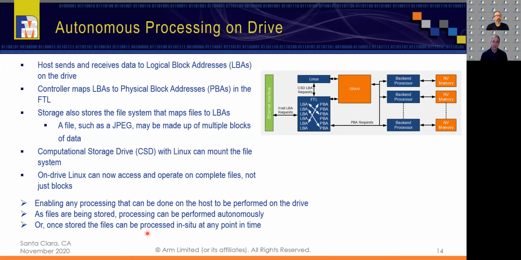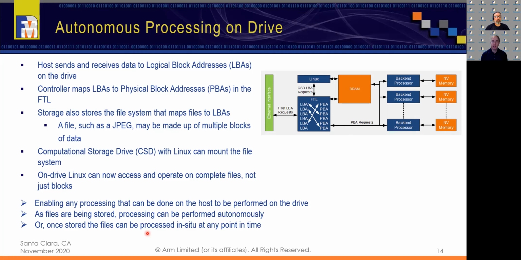One of the things Neil mentioned is the autonomous processing on the drive. So this compute that's already there today does a significant amount of processing autonomously. In particular, the host sends LBAs to the drive. Logical block addresses are then translated into physical addresses for where the data is actually stored in the media. And the controller does all this mapping, all this translation, autonomously.